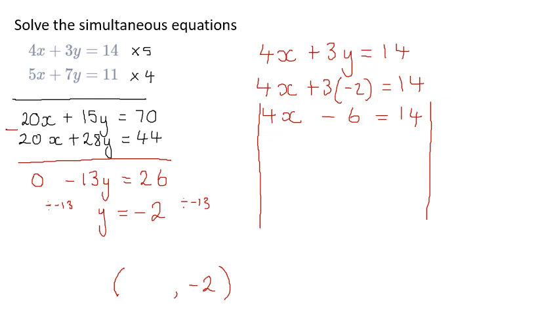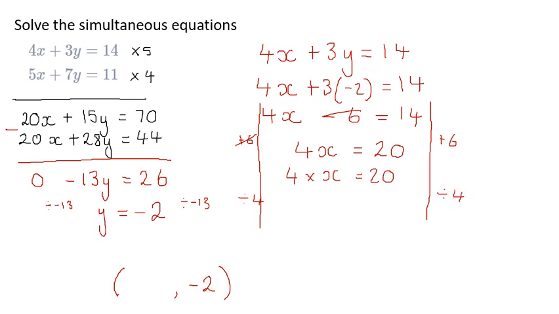So we need to find x. To get x on its own, the 4 is only affecting the x, whereas this negative 6 is affecting the whole thing. So we need to get rid of the negative 6, or take away 6, so add 6 to both sides. The add 6 and take 6 cancel each other out. So I'm left with 4x equals 20. Well, 4x means 4 times x equals 20. So I need to get rid of the times by 4. So I need to divide by 4 both sides.